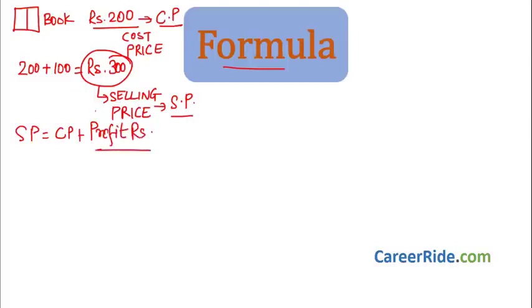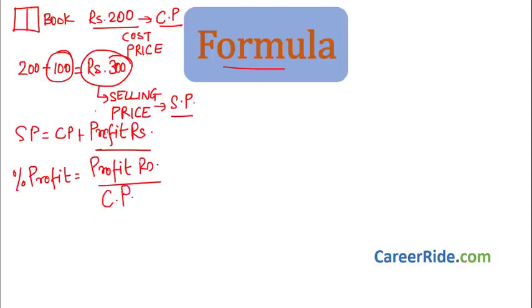Now you wanted rupees 100 profit, right? Now this profit is in rupees. If you want to express this profit as a percentage, how will you do it? You will simply write percentage profit is nothing but the profit in rupees divided by the cost price. It is not the selling price but the cost price.